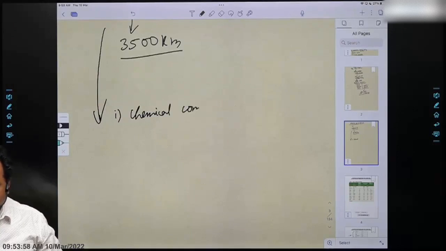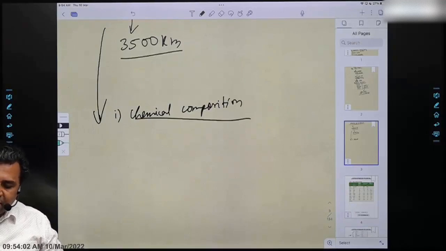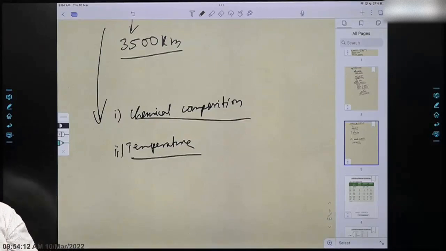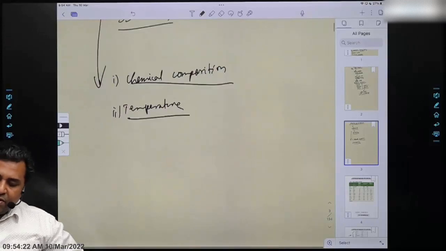Chemical composition, structure of the atmosphere on the basis of chemical composition as well as on the basis of temperature. So on these two bases, we go on to talk of the vertical structure of the atmosphere. ठीक है. So chemical composition and temperature.